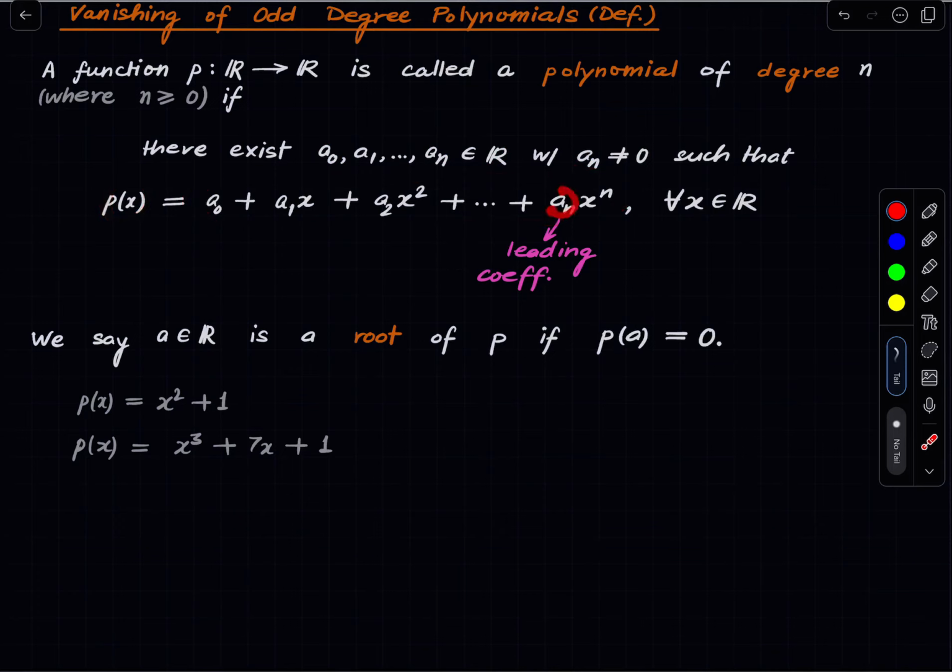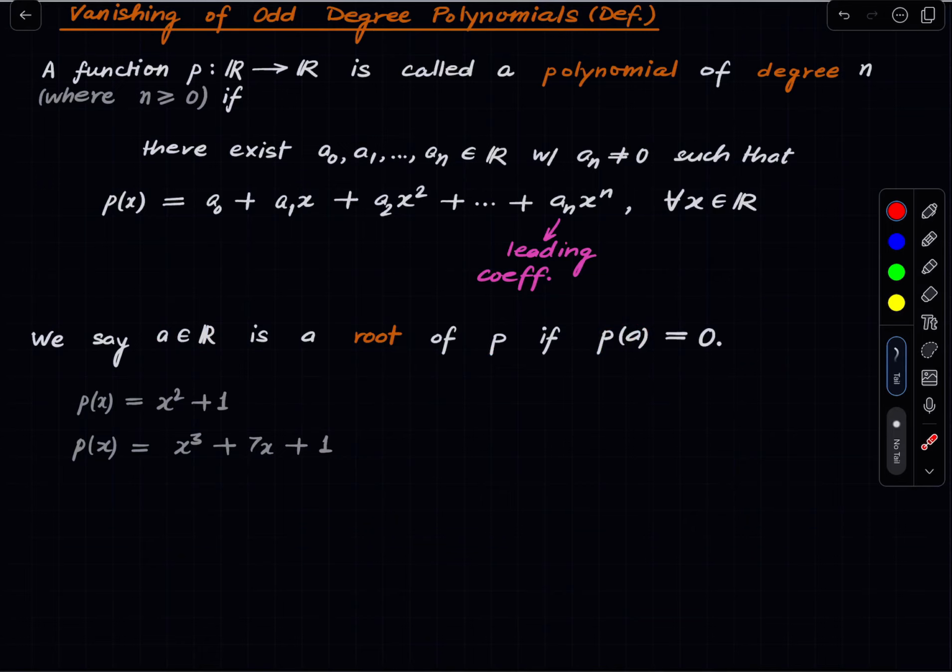This term an is called the leading coefficient, and this whole thing is called the leading term of the polynomial. I'm sure you know these definitions, and we say that a point a is a root of p if p vanishes at a.